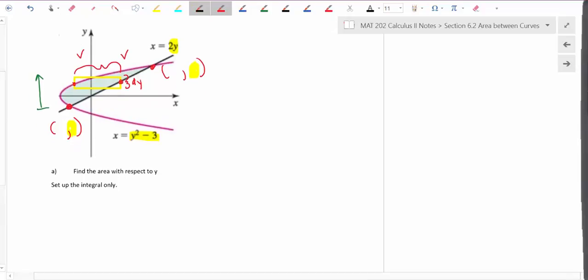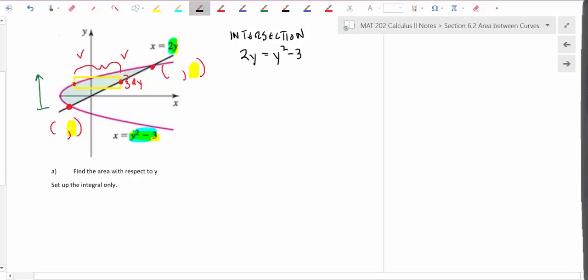Okay, so we're going to go ahead and set up our integral. The first thing we've got to do is find these two intersection points. So we're going to set the two curves equal to each other: 2y equals y squared minus 3.